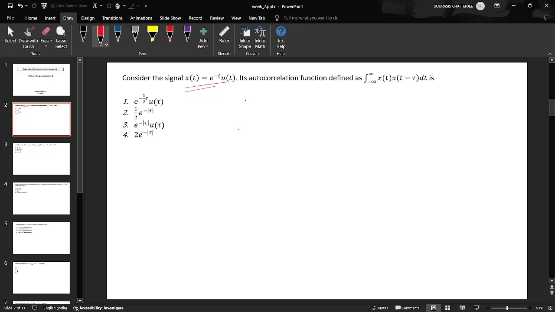So the autocorrelation function is given as follows: for a signal x, R_x(tau) is equal to the integral from minus infinity to infinity of x(t) x(t minus tau) dt. This is the formula. So what does it signify?